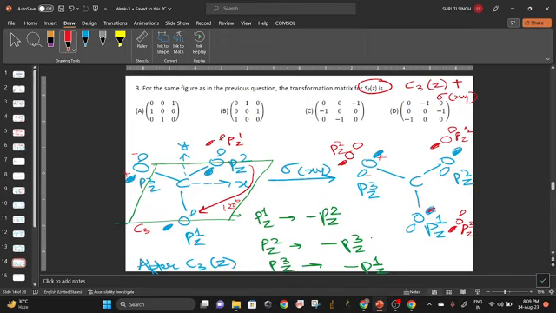Yes, ma'am. So now we are comparing, this is two transformations combined in one. S3 means two transformations, C3 and sigma. So this is original and this is after S3. Originally pz1 was at this place.